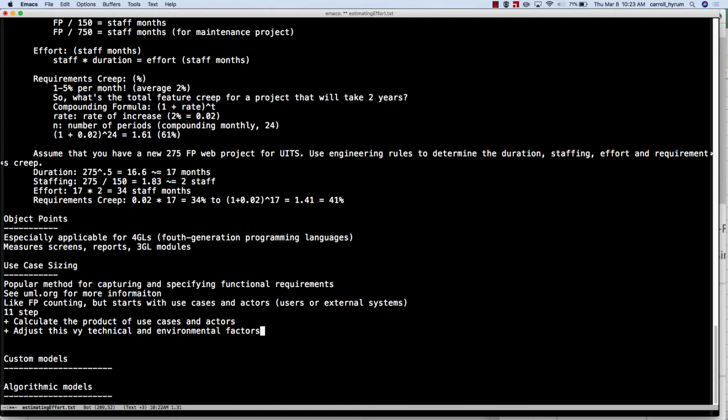So this should start to feel like, oh, okay, we're doing the same thing over and over again. We take a value, we tweak it by adjusting it to scale it higher or lower depending on the circumstances, and then from that we calculate the effort and schedule. Okay, and so that's how use case sizing works. Questions on that?